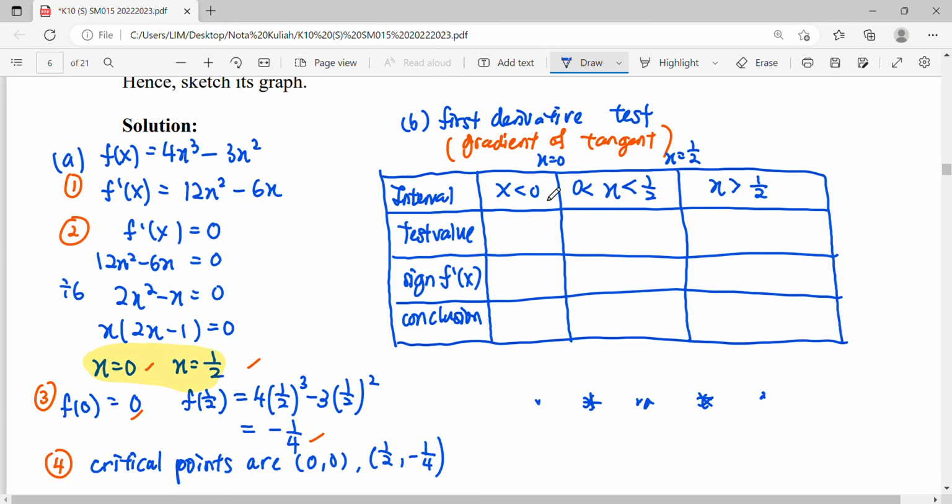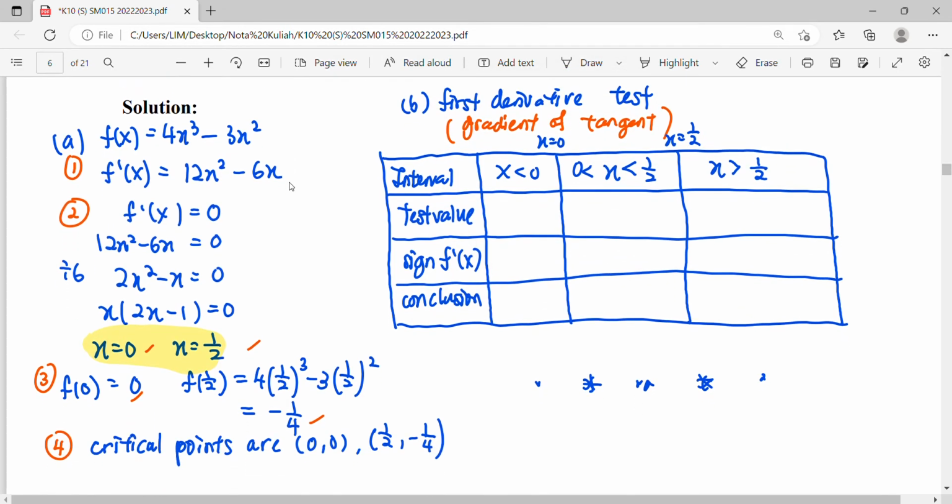So, for the interval less than 0, in the first derivative test we substitute a test value into our first derivative. We can randomly find a number to test it. For less than 0, we can put -1.